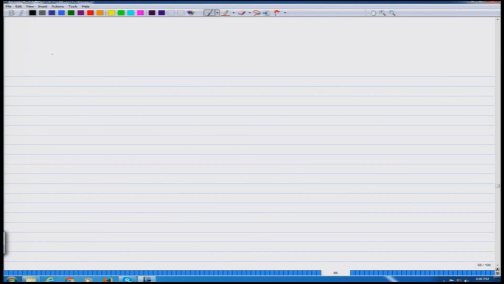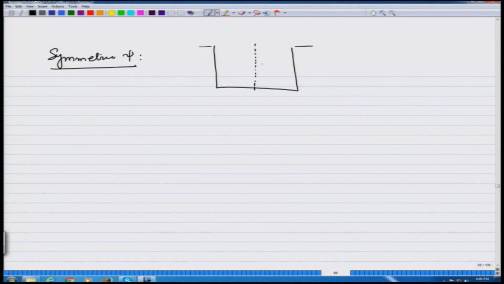So, I will first consider symmetric psi. Since the wave function is symmetric, I need to satisfy conditions only on one side, the other side will be automatically satisfied. So, this is a cosine function, let me just show it schematically. It is going to be non-zero at the center and will decay as you go far away.